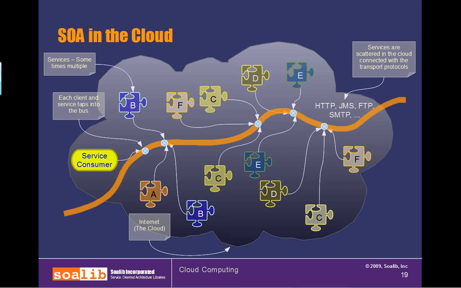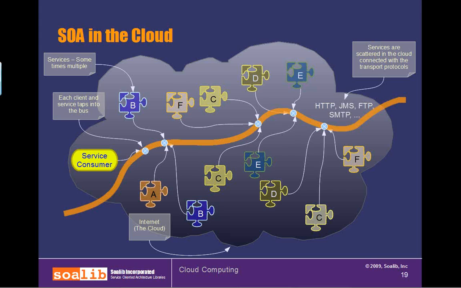So if service A would like to consume service F, then it goes out of its own port and enters the IP address of F through the port that is exposed on the internet.